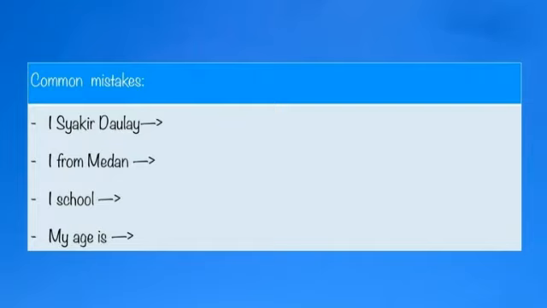There is no to be in it. So we have to put am between I and from. So I'm from Medan. Then the third, I school at SMP ITLHI. It should be I study at SMP ITLHI.